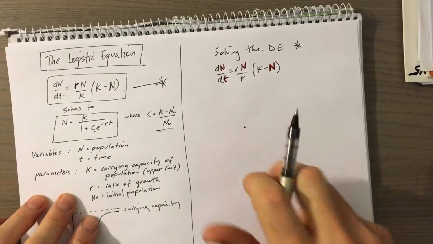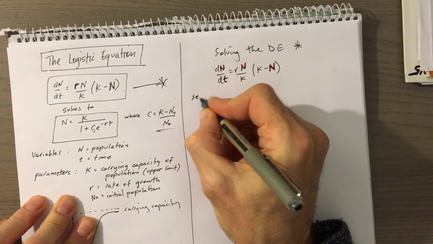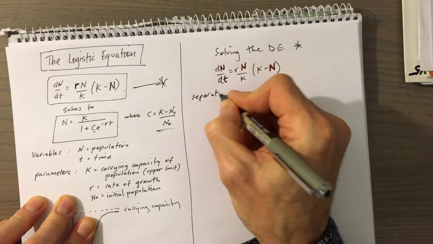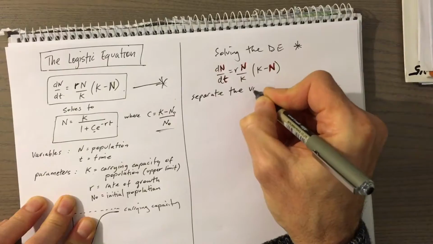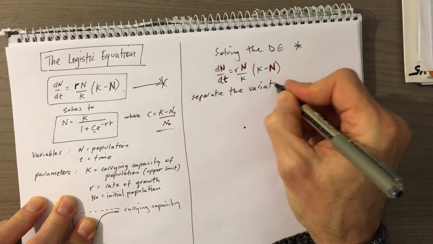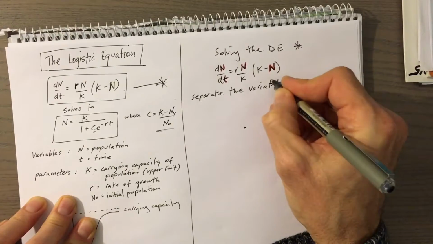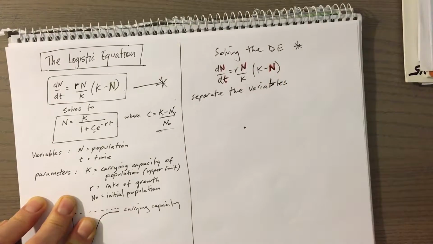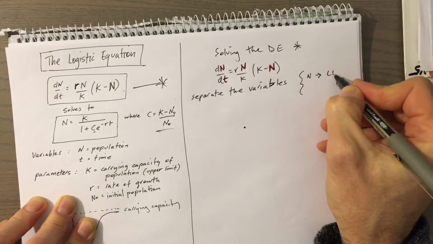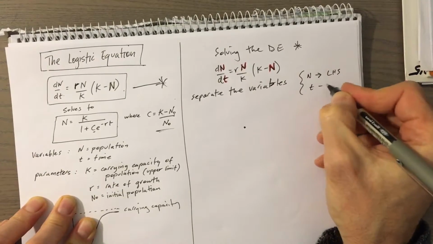It turns out that we can use separable equations here, so we can separate the variables, using the technique that we saw in class last lesson. What that means is we put n on the left-hand side and we put t on the right-hand side.